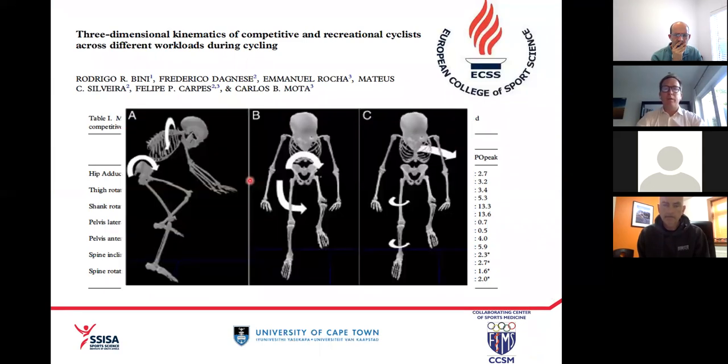And what Rodrigo demonstrated was that there were variable movements and also a difference between competitive and recreational cyclists in the degree of movement in these different planes. So that's one study that gives us some indication of what's happening.